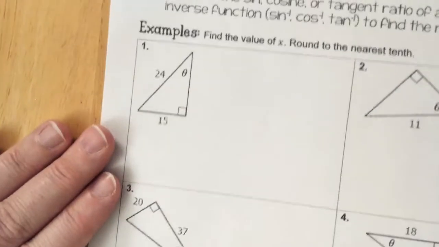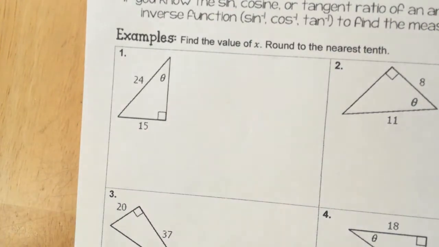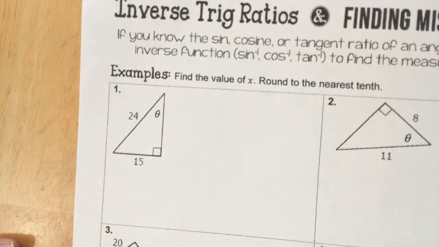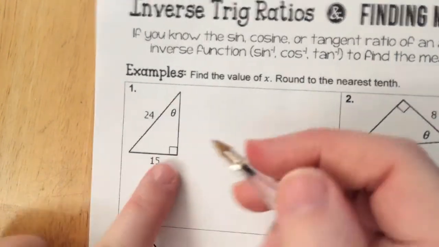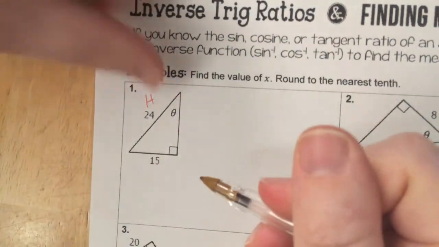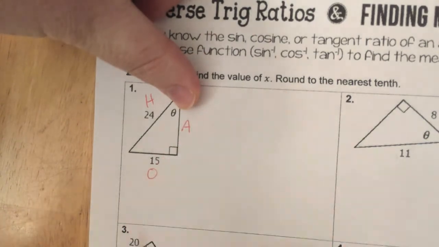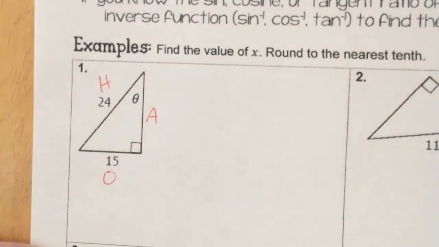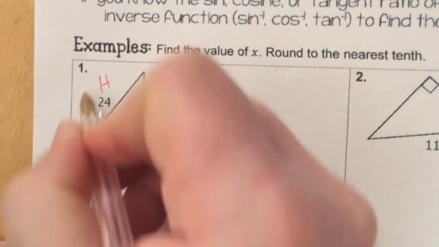So on page 17, we're doing the inverses. So anytime you're doing the angle, it's going to be an inverse. Okay, just go through the same motions. So you label H, put your finger on the theta, O, and A. So we find those. What two sides are labeled?